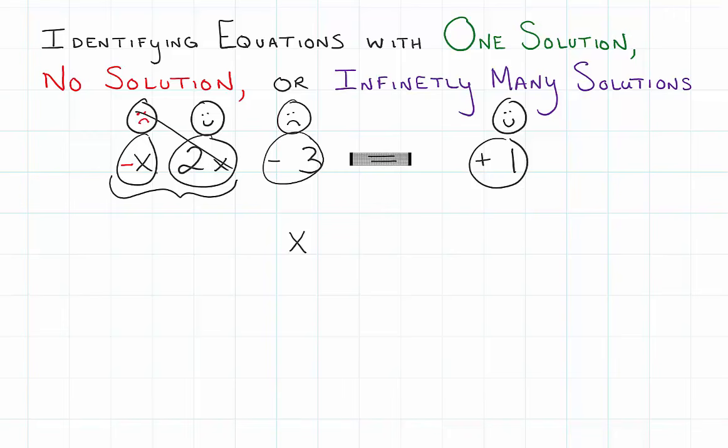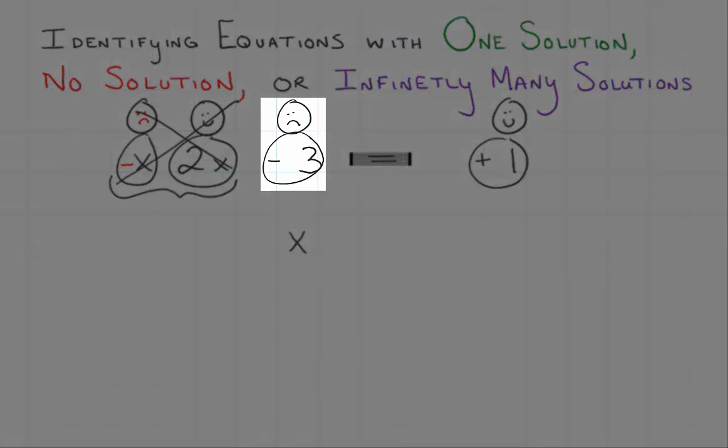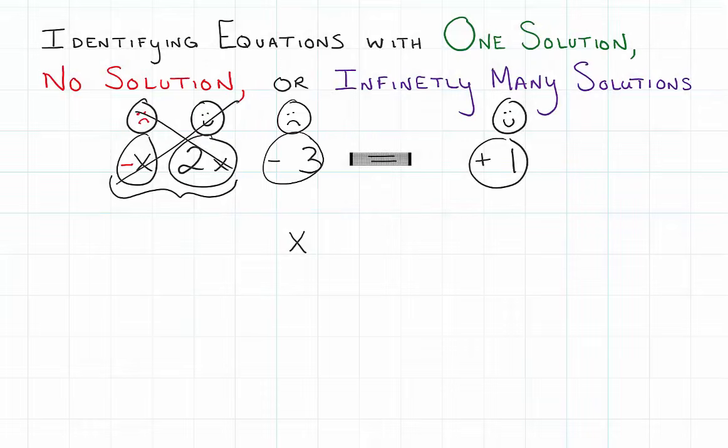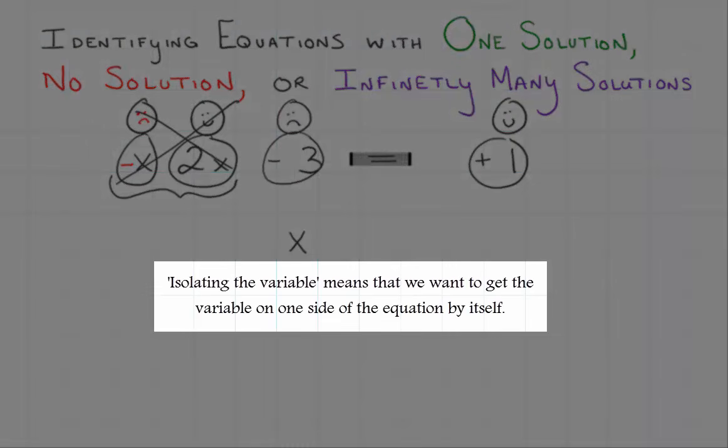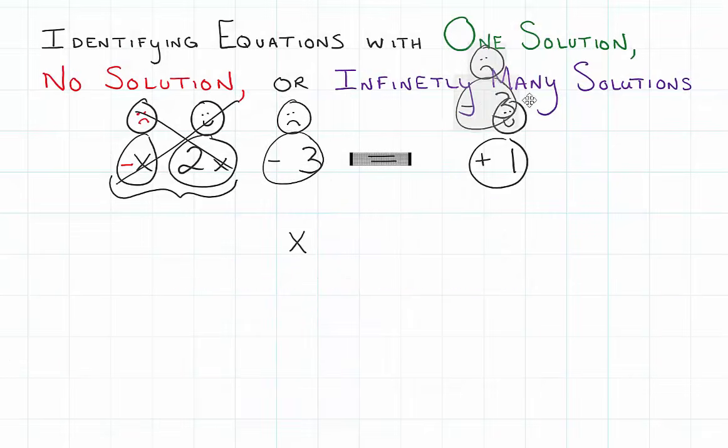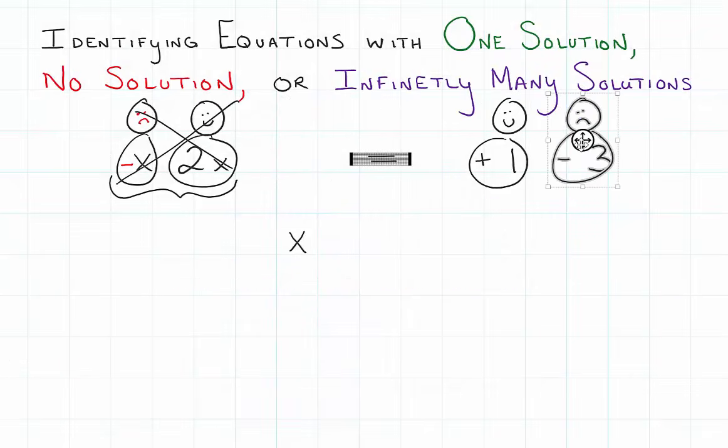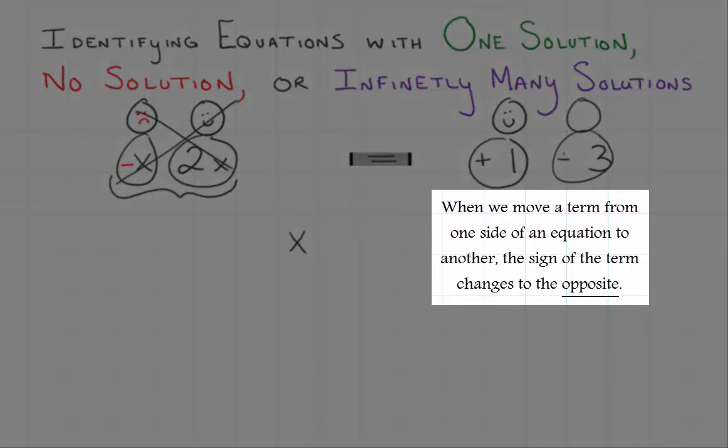Now, that takes care of the x's, but I still have this negative 3 here, and I've got to move that out because I want to just get x by itself. It's called isolating the variable. So I'm going to move negative 3 and ping pong it from one side of our equation to the opposite. When we ping pong it over to the other side, what happens to negative 3? Well, that's right, it becomes positive.